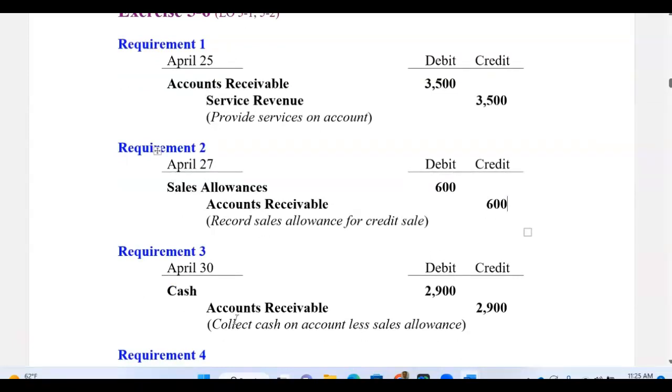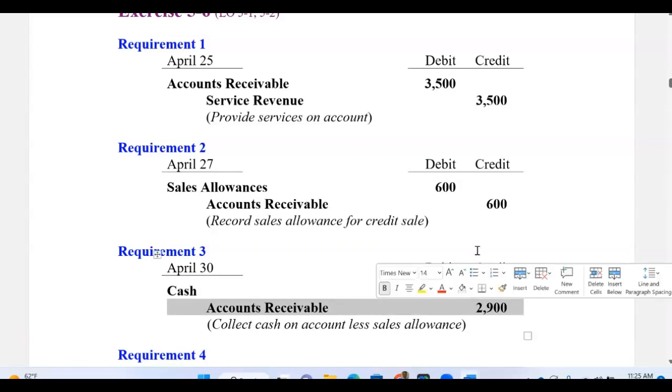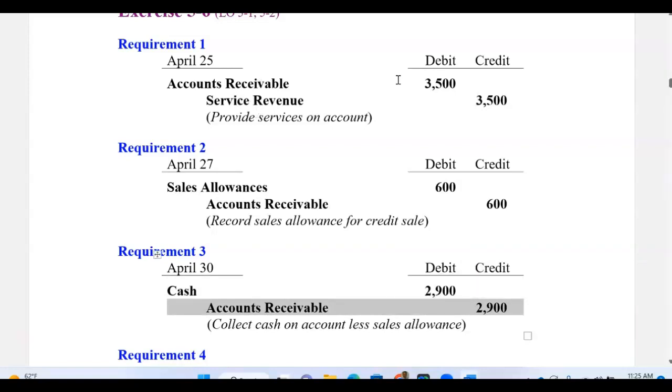Requirement 3, the company is receiving a check for $2,900, right? And accounts receivable for $2,900 will be closed at that point. And you might say the accounts receivable was 35, yes, but you remember because of the allowance, accounts receivable went down. Therefore, it's now just $2,900 to close.